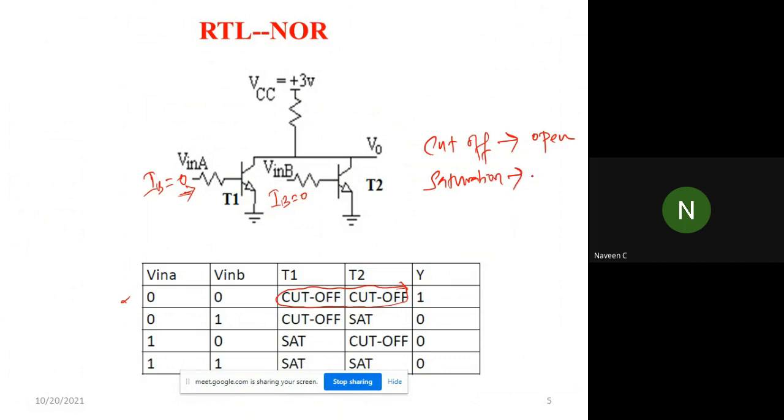So both are in cutoff. If both are open, cutoff is nothing but open, automatically this 3 volt will flow across here. So your V naught will be 3 volt, which is nothing but high.